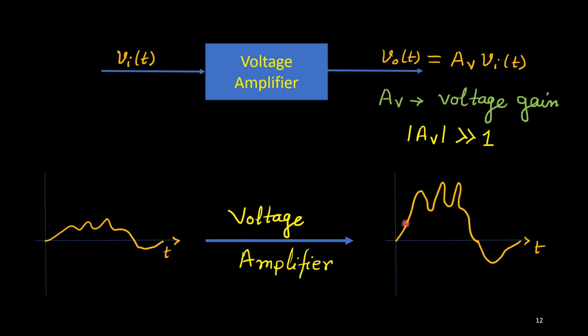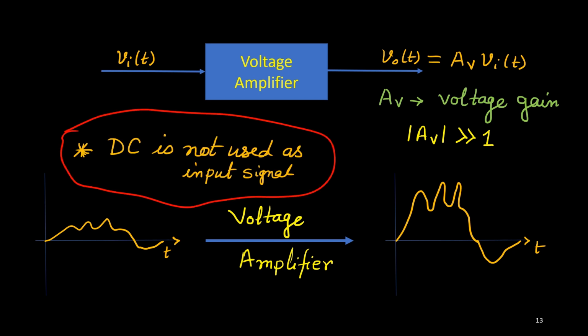So we can expect this kind of output from this voltage amplifier. But remember, DC cannot be used at the input of the voltage amplifier. We are not considering that the voltage amplifier will amplify a DC signal. So generally we will apply an AC or time varying signal at the input side, and we are expecting a high amplitude signal at the output side.